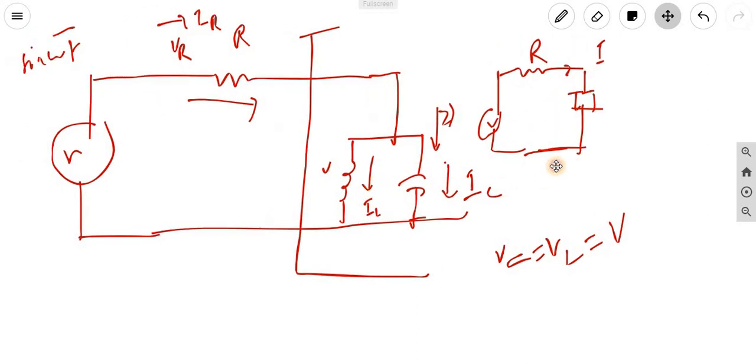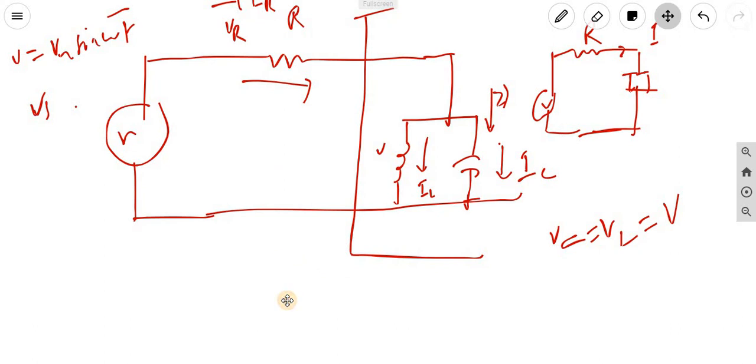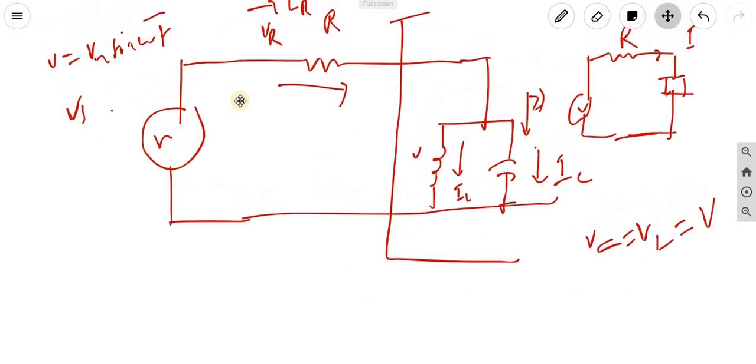Now for this there would be a difference, because we have many elements: ES, IS, VR, IR, IL, VL, IC, VC, all those terms are there.